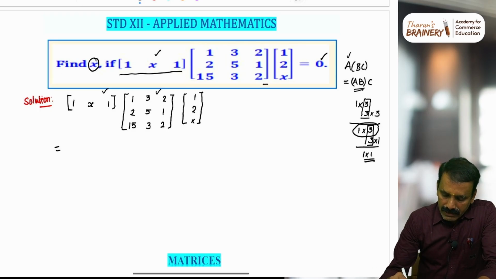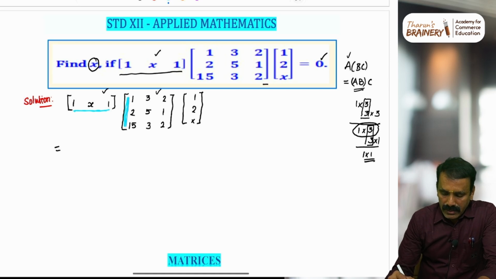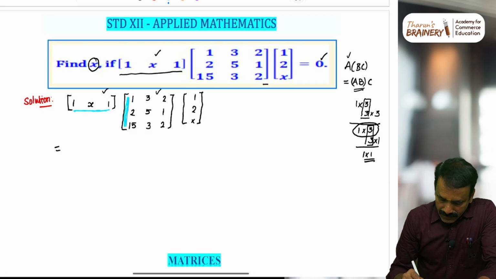Now I start multiplying the first row with the first column. How many elements do I have in the first row? I have 3 elements. First element is 1, second element is x, third element is 1. And in the first column of the second matrix, again 3 elements: 1, 2, 15.